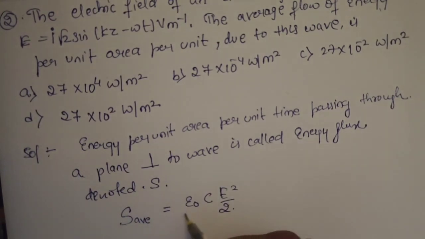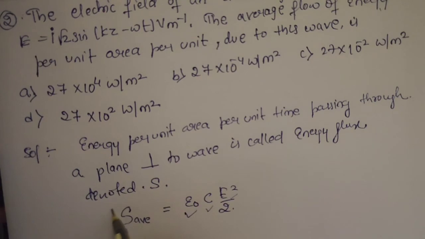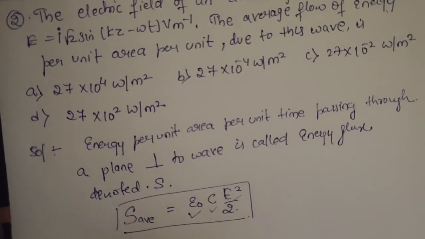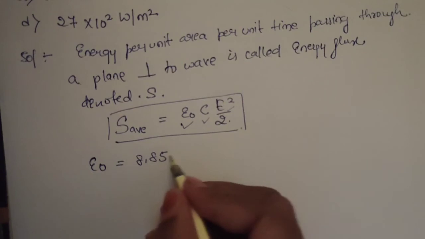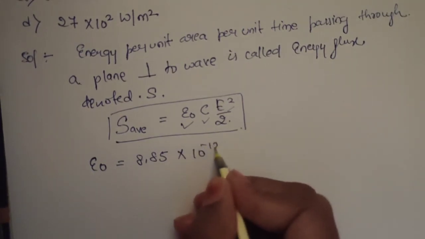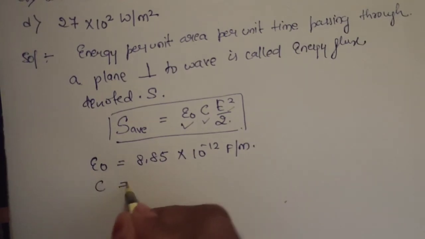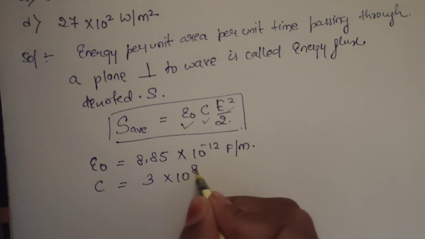Substituting the values of epsilon naught, C and E will give the answer. We know that epsilon naught is 8.85 into 10 to the power of minus 12 farad per meter, and C is 3 into 10 to the power of 8.